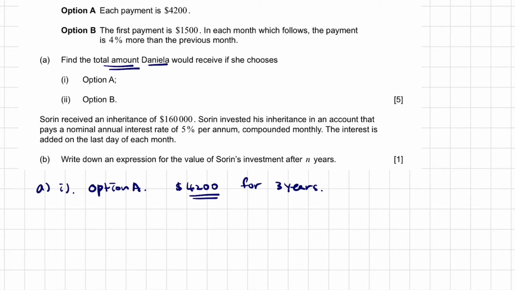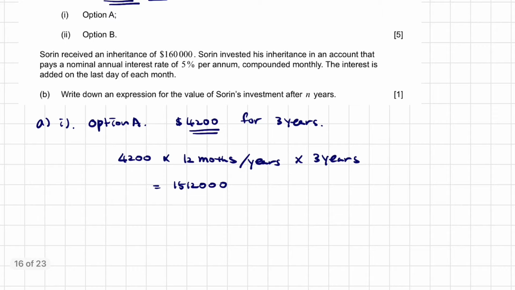So we know that each payment is $4,200, and she's receiving it every month, and that means there are 12 months per year, and she's receiving it for 3 years. So it means she will end up with this much money. However, since we need to present our final answer in a specific way, the amount is this at the end.